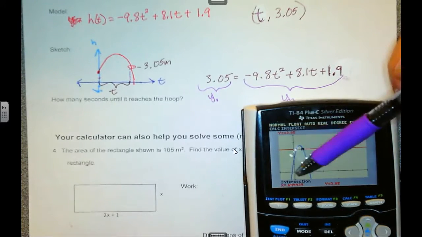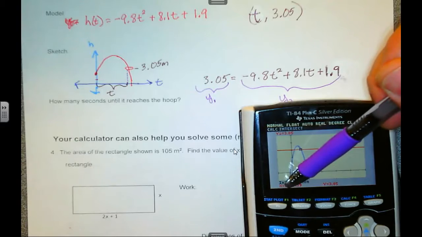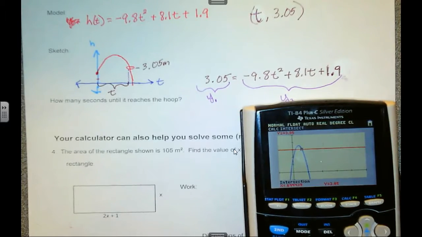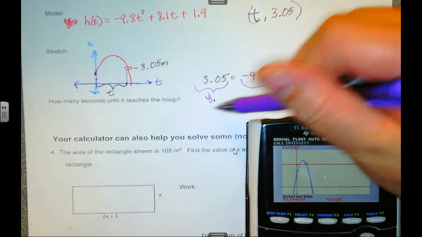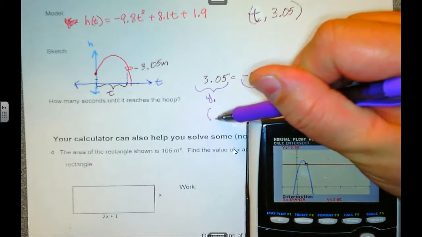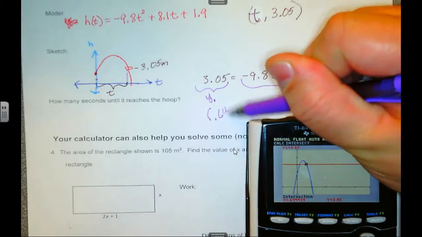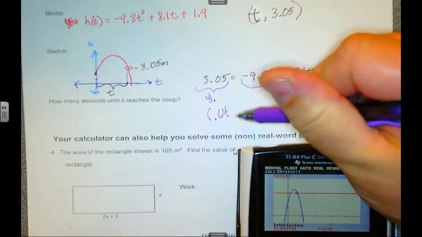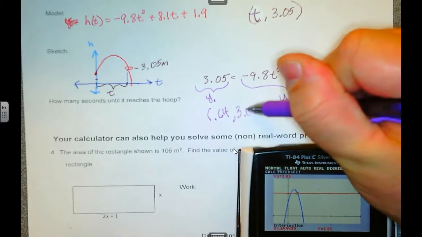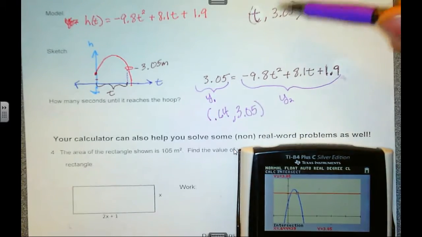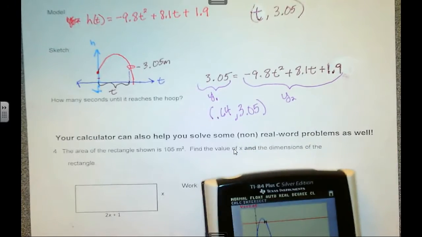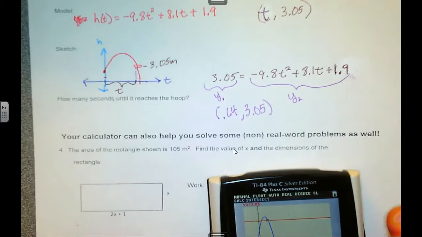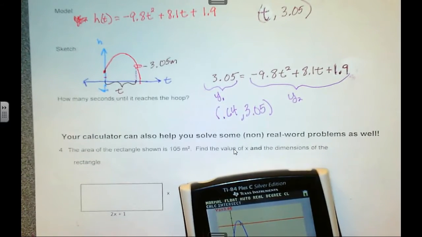Now, the point of intersection is 0.64 and 3.05, which I expected because that's where it's supposed to be. Now, it's asking me how many seconds until it reaches the hoop.